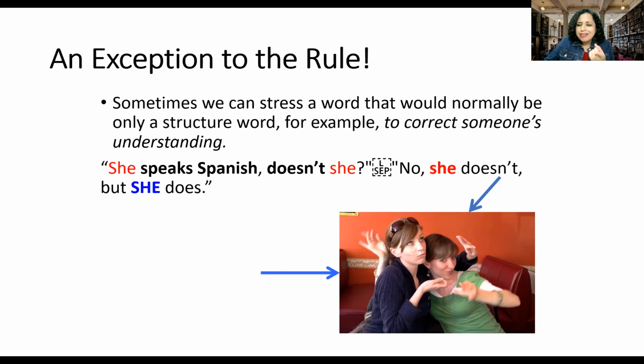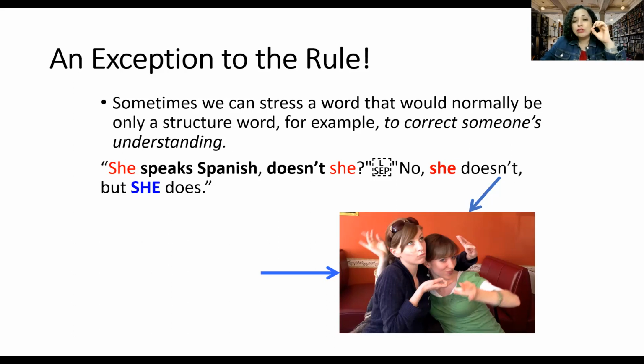But the exception to the rule. No, she doesn't, but she does. No, she doesn't, but she does. What are you telling over there? That you have two females, two women that you are referring to.